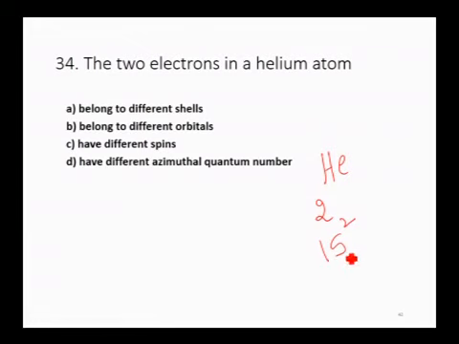The s indicates the same orbital, that is the same azimuthal quantum number as well as the same magnetic quantum number. When it comes to spin, both electrons have different spins. So, the suitable answer is C, have different spins.